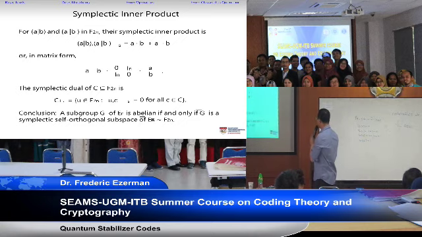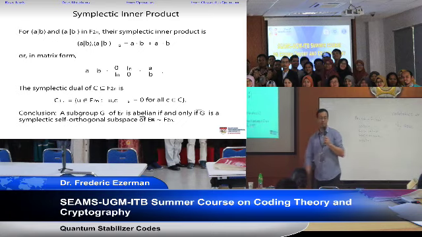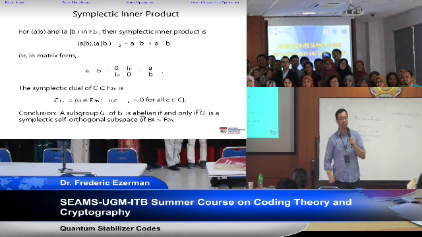So, a subgroup is abelian if and only if, after you take out the center and consider the cosets, it is a symplectic self-orthogonal subspace. Now it's completely a group theoretical problem.